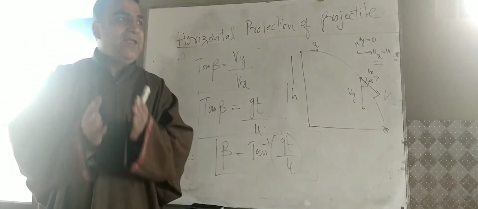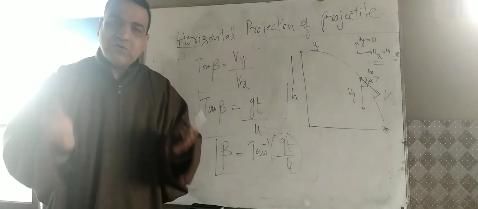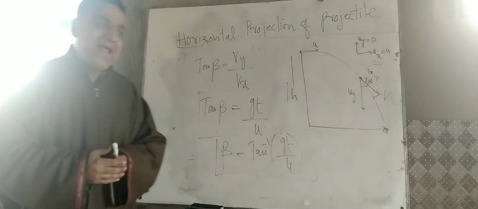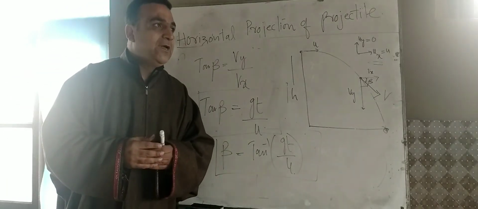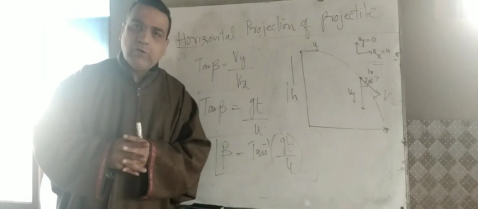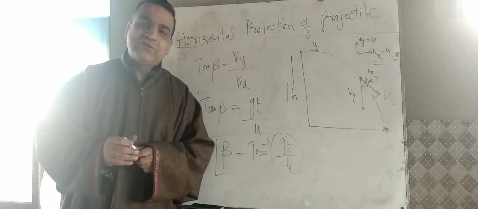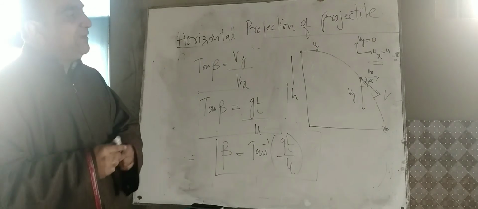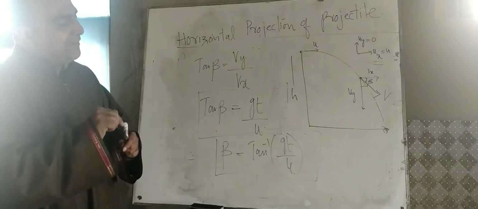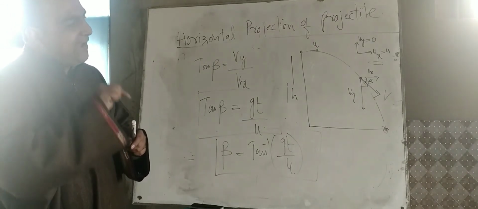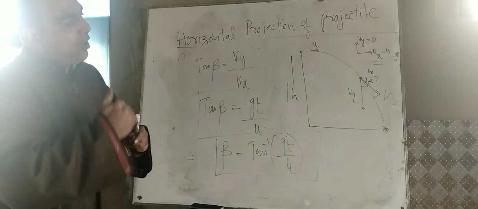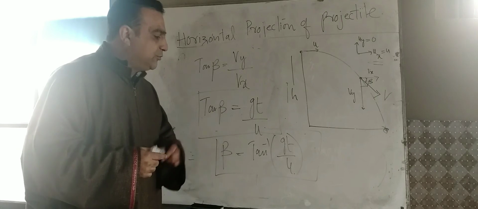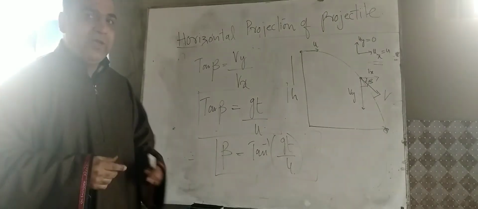We obtained an expression to calculate the velocity of this projectile at any point in space, and that expression came out to be v equals the square root of g squared t squared plus u squared. And finally, we calculated the angle that this velocity vector at any instant of time makes with the horizontal, and that angle comes out to be beta equals tan inverse gt by u.